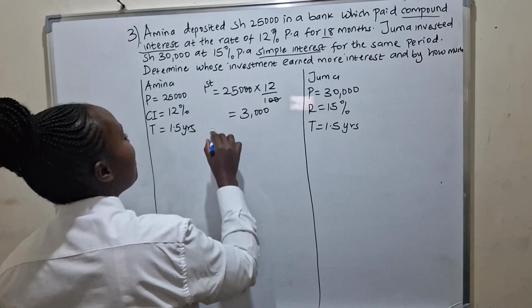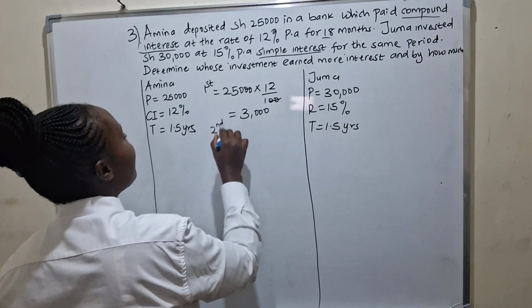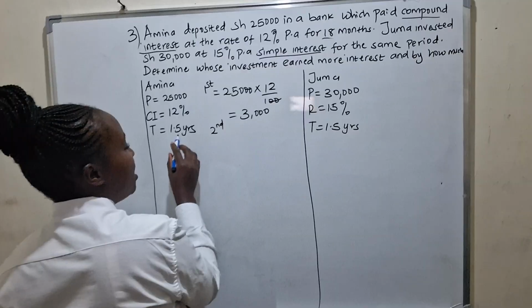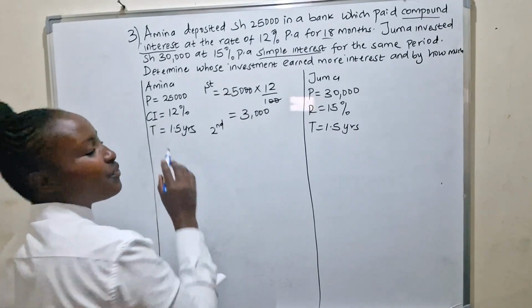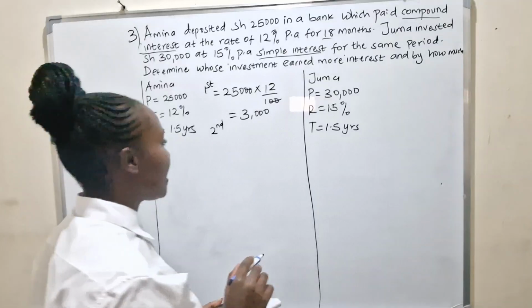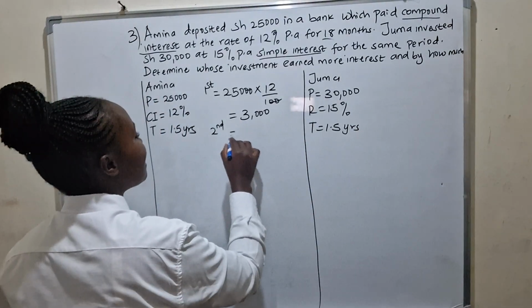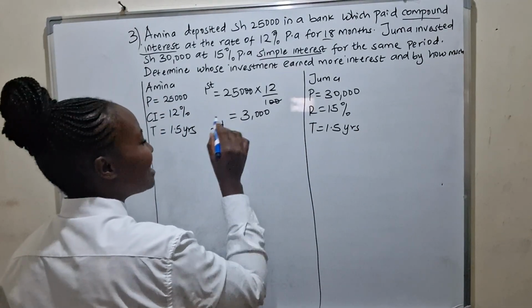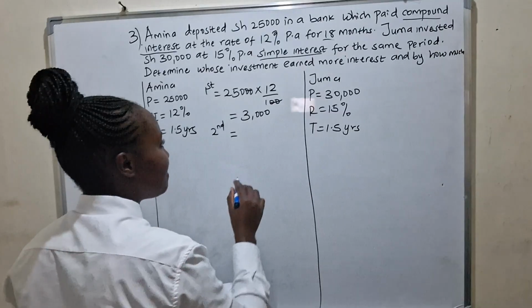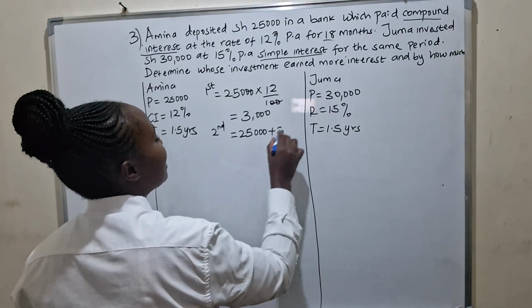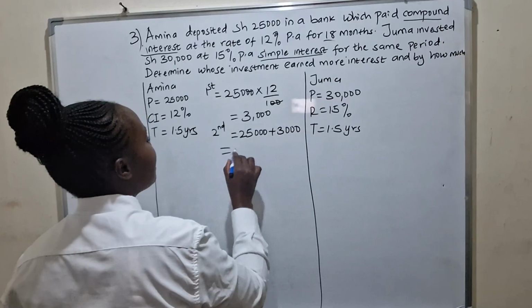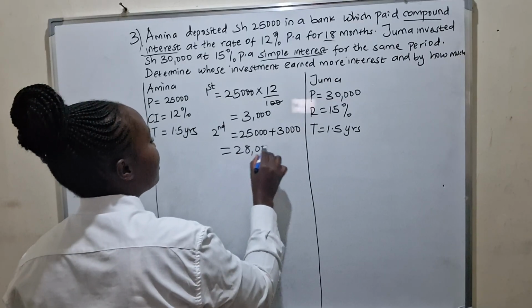Okay? So for the second half year, remember it's 1.5. So we have already calculated for the first year. We now need to calculate for half a year. Okay? So how do we do that? The principal for the second 6 months should be 25,000 plus 3,000, which is 28,000. Okay?